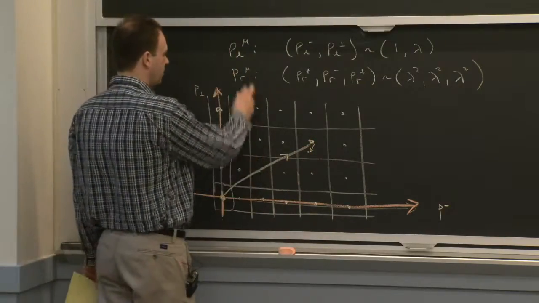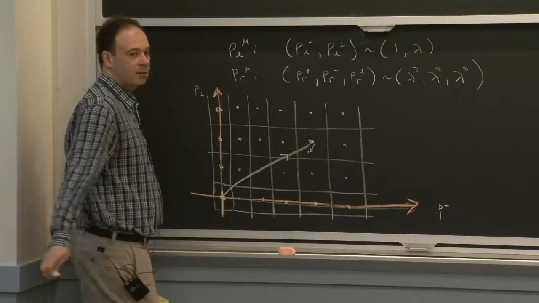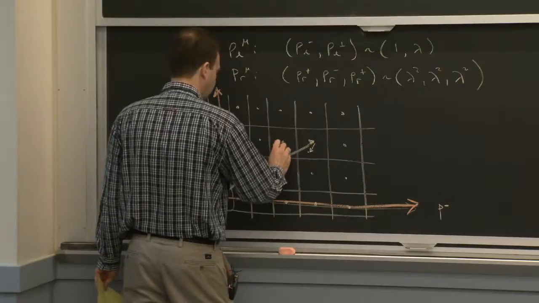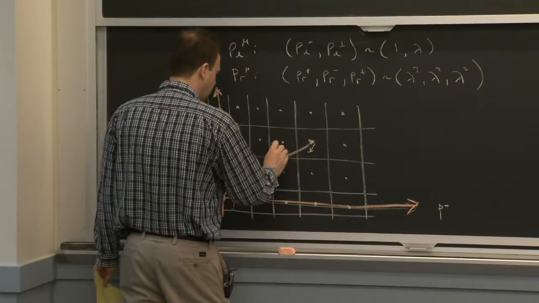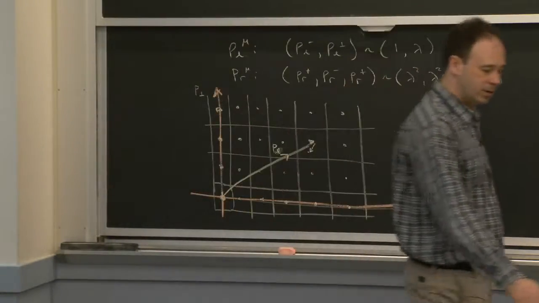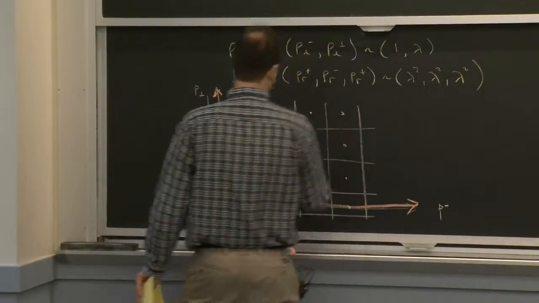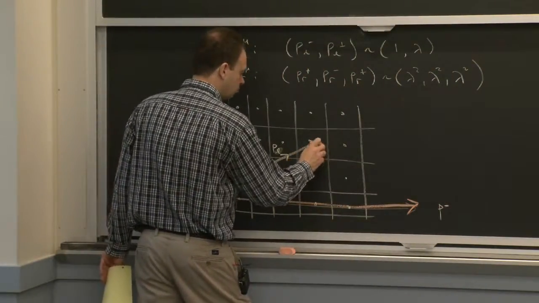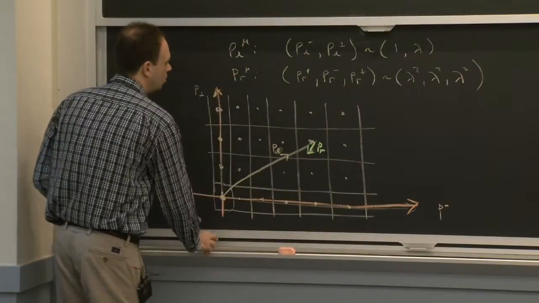The large vector is the p_L, the small vector is the p_R. So this guy here is p_L, and this one is p_R.